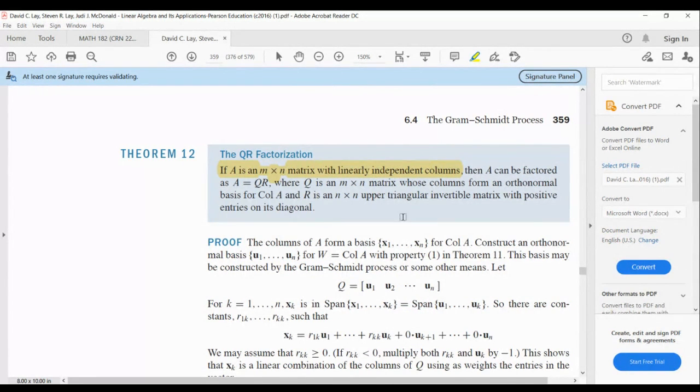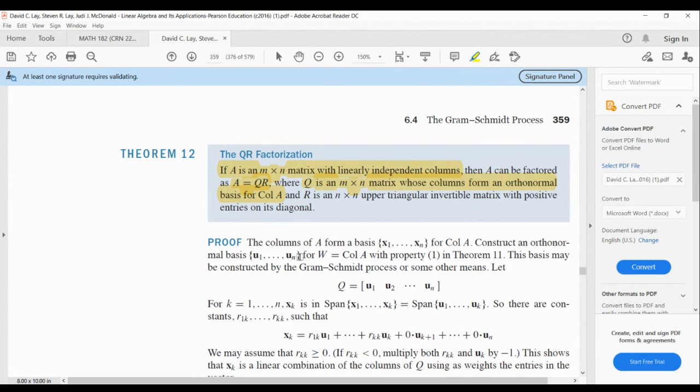If you have an M by N matrix with linearly independent columns, then the matrix A can be factored as A equals Q times R, where Q is an M by N matrix whose columns form an orthonormal basis for the column space of A, and R is an N by N upper triangular invertible matrix with positive entries on its diagonal. It's called a QR factorization.